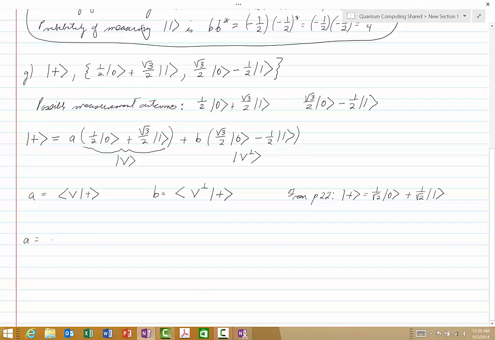We'll have 1 over square root of 2, and again, this equation that we've just written comes from substituting in for this plus ket, we have substituted in this to obtain this.